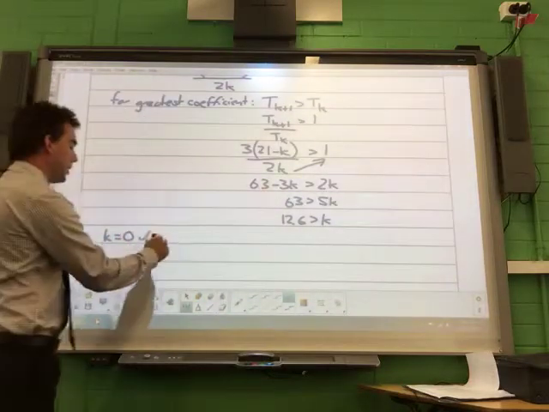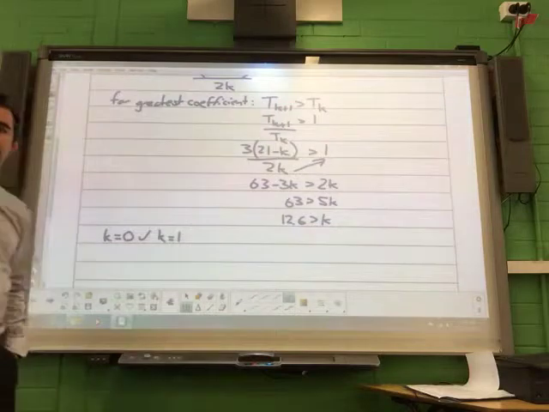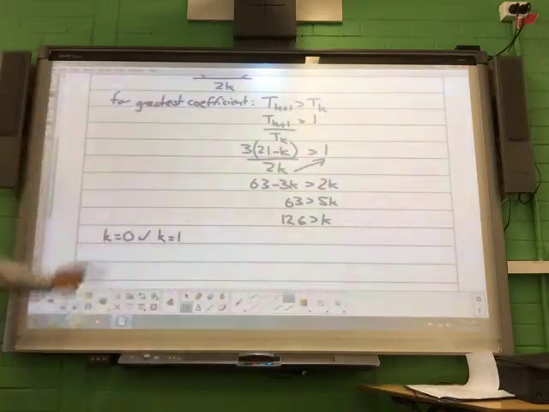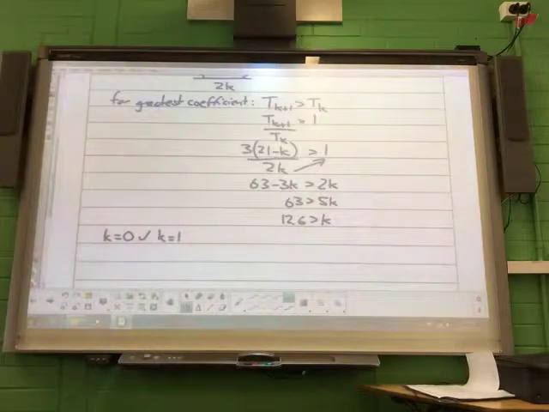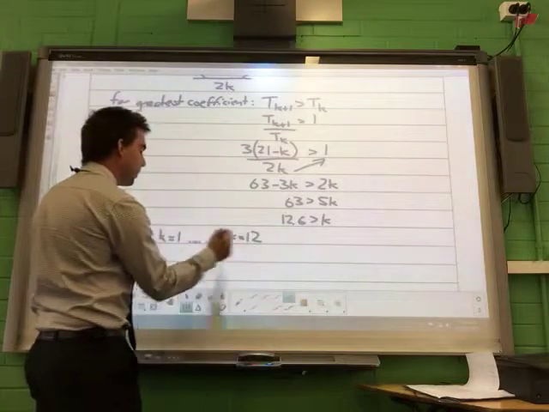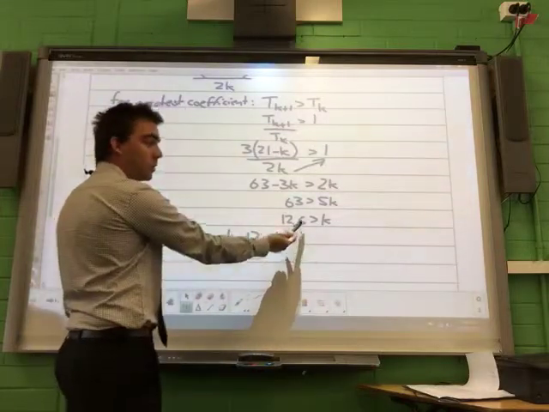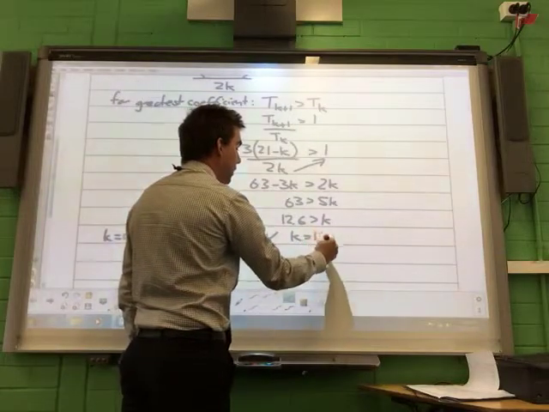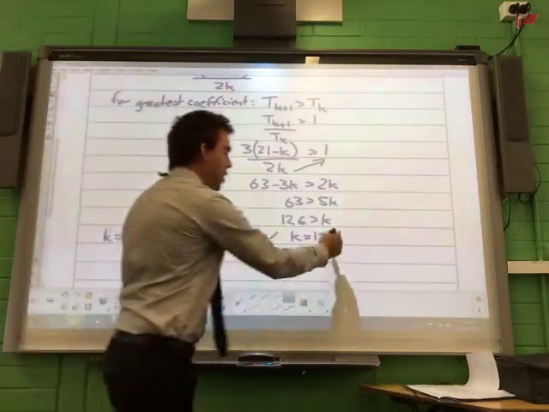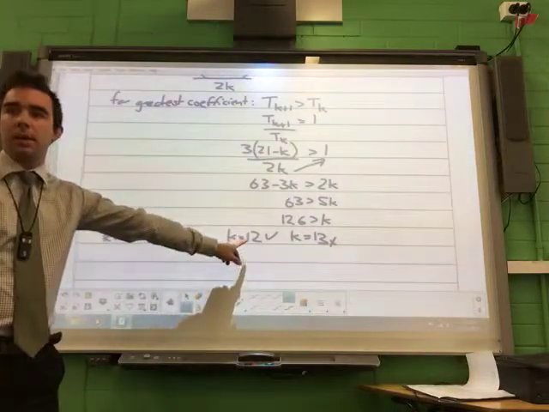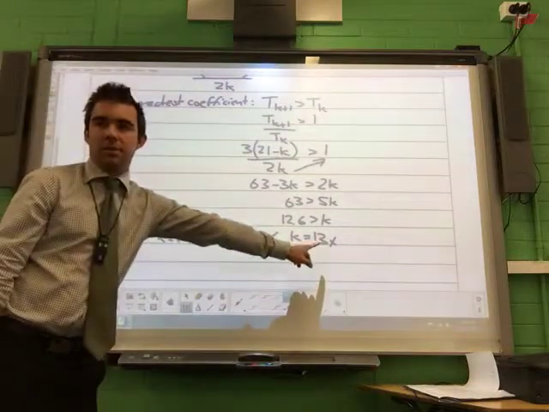Alright, what about k is 1? Yep, so what value up to is that going to match for my integers of k? So when k equals 12, that's going to match because 12.6 is greater than k, but when k is equal to 13, that's the first value that is going to fail.